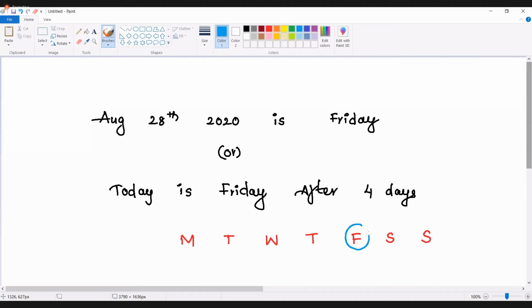Let's highlight the reference as Friday. The question is, what is the day after 4 days? 1, 2, 3, 4. You can say the answer choice is going to be Tuesday.